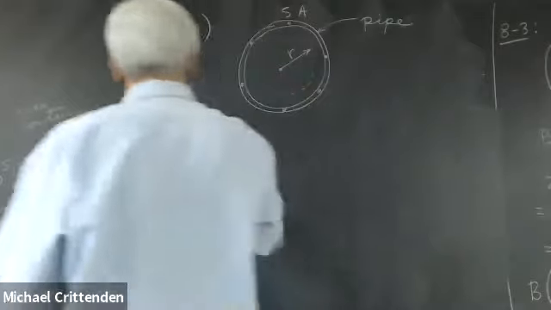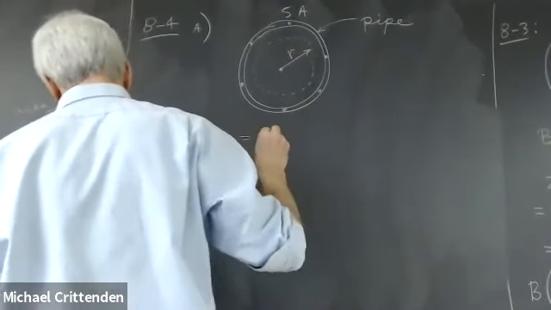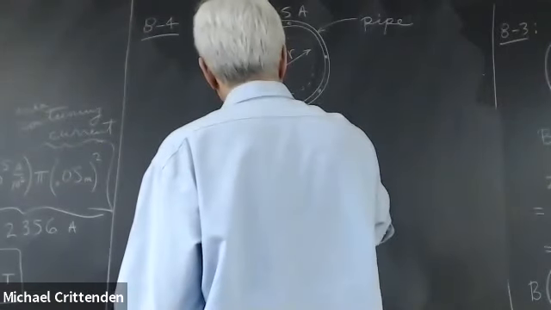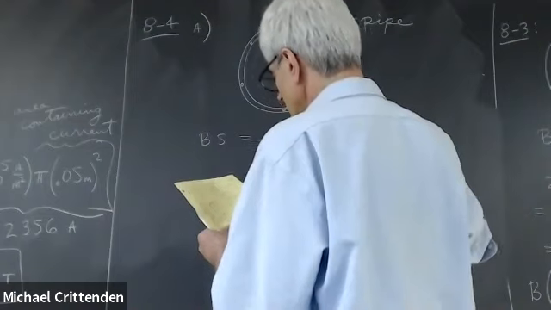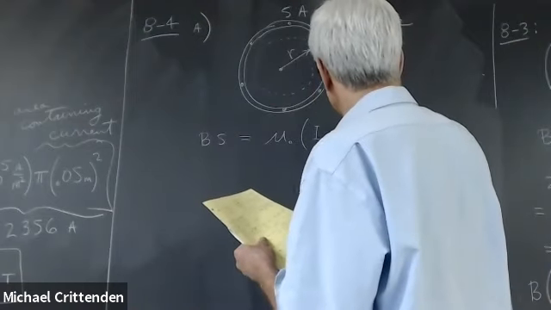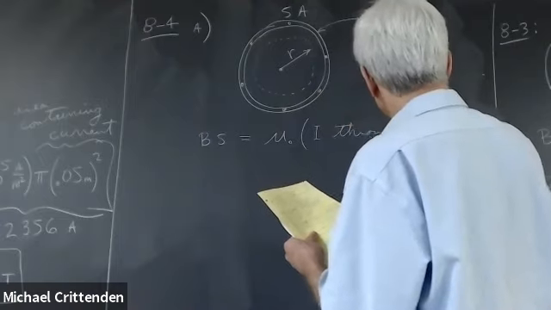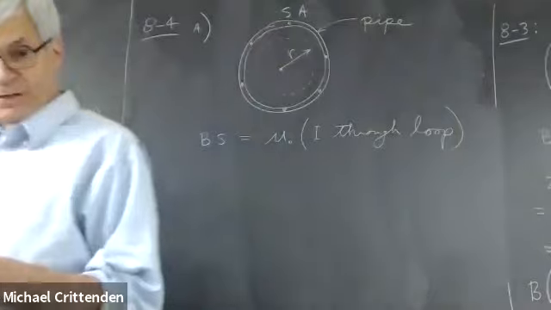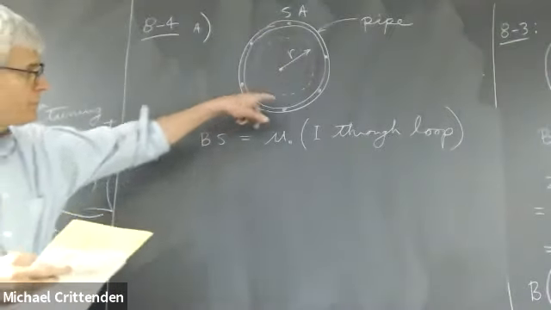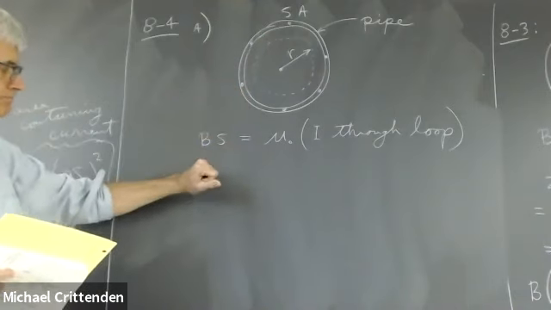Ampere's law says field strength times the length, mu naught, times the amount of current that passes through this dashed loop that I've drawn here.